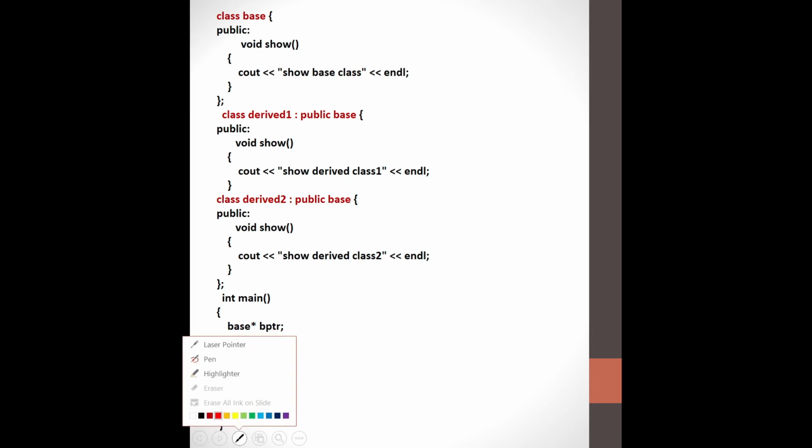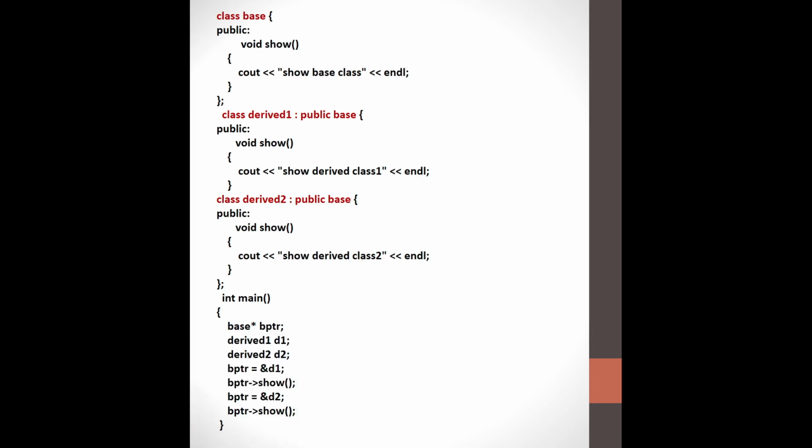Suppose I am using a keyword which is virtual here. Now tell me what will be the output. I am using the keyword called virtual. So tell me what happens over here.